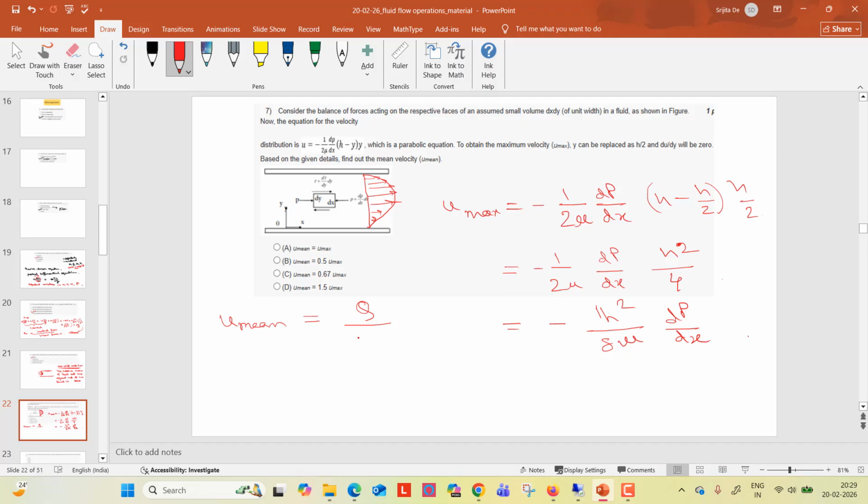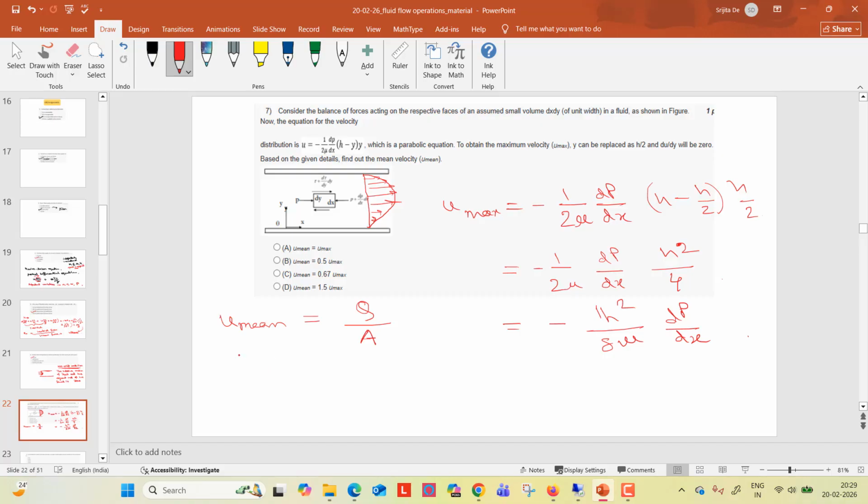So volumetric flow rate by area, right? This is your mean velocity. So how is q defined?